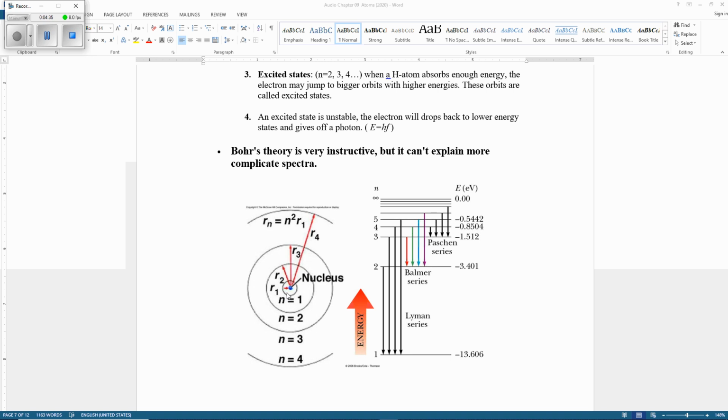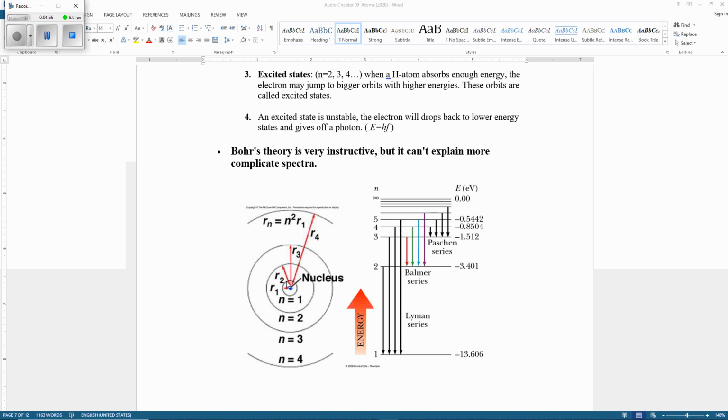Now, if you give energy to the atom, the electron receives energy and will jump to a higher energy level, to the second circle, n equals 2, and n equals 3, or n equals 4.